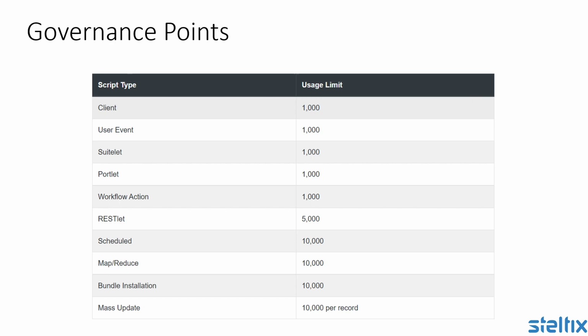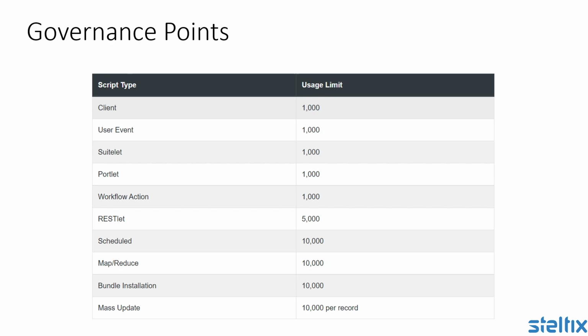So the mass update gives huge update functionality. It's just important to remember you cannot execute a mass update via script. It has to be by a user clicking a button and starting it. Unfortunately, you cannot start it itself.